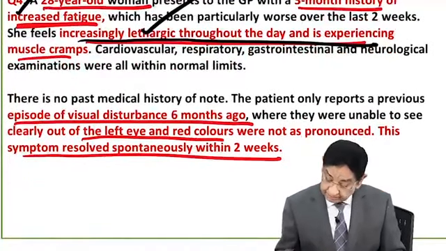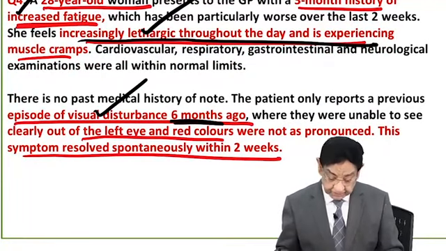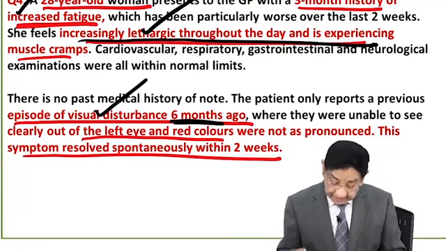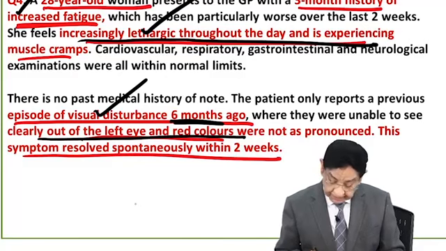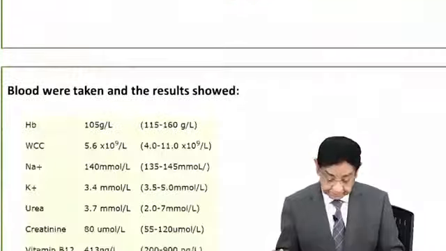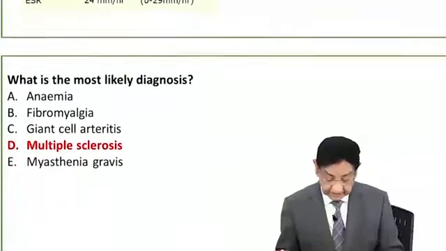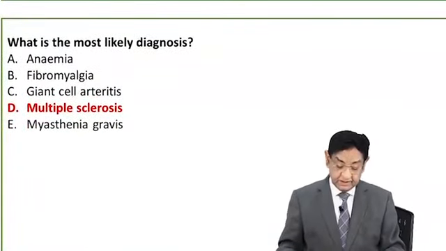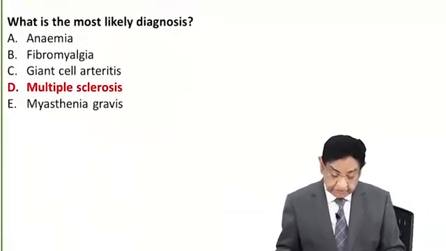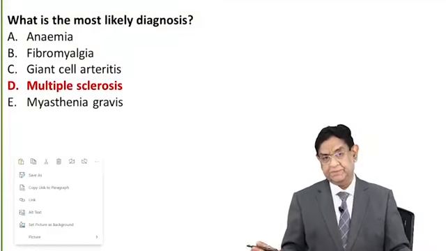And she had a visual disturbance 6 months ago, on the left side, and the symptom resolved after 2 weeks. Lab tests are there. What is the most likely diagnosis?